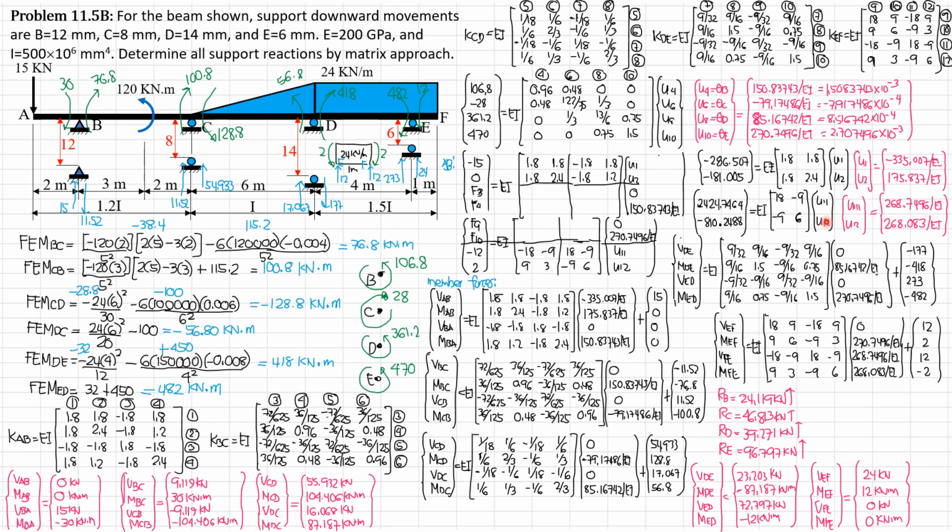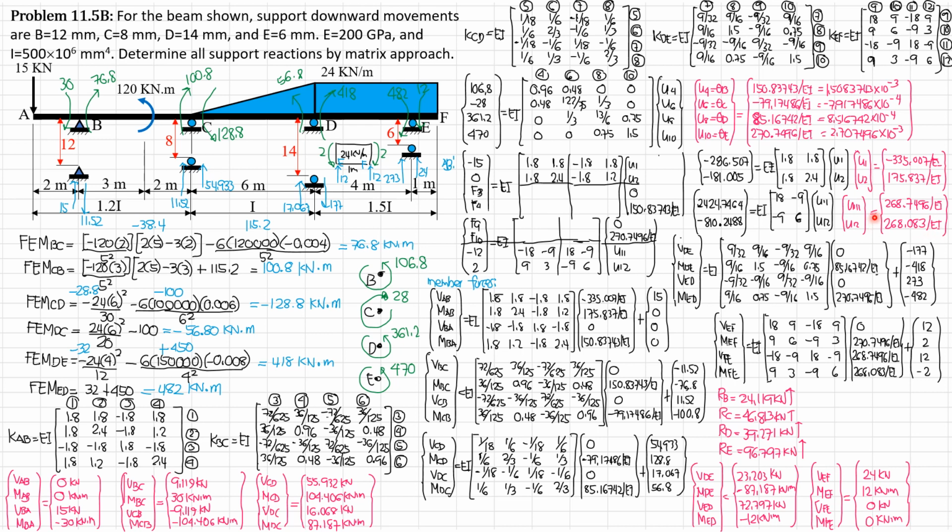From here, we can now compute U11, U12 as the product of the inverse of this 2 by 2 matrix and this new force matrix. The result would be U11 equals 268.7496 over EI, and U12 268.083 over EI.